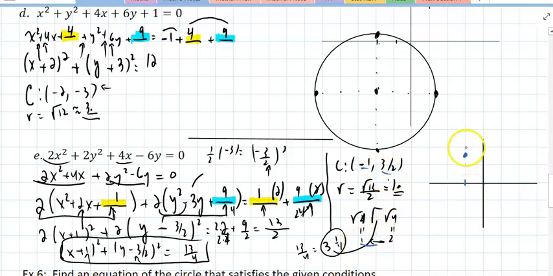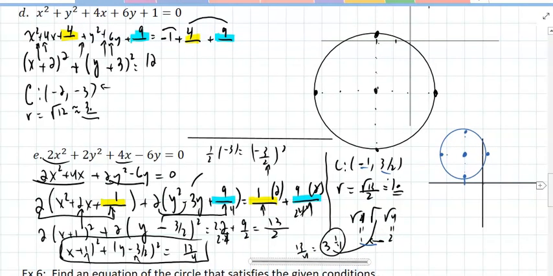I'm going to move 1 and some up, 1 and some down, 1 and a bit, 1 and a bit. Connect those with a smooth curve. Again, your graphs don't have to be perfect on the homework. And there it is. So that's how we graph circles.